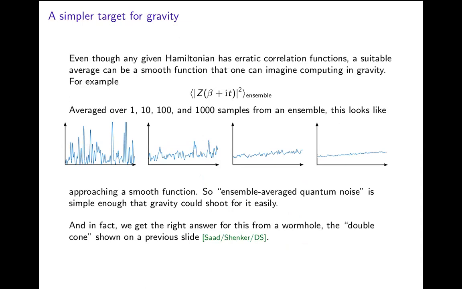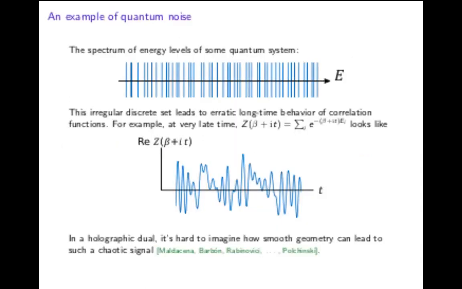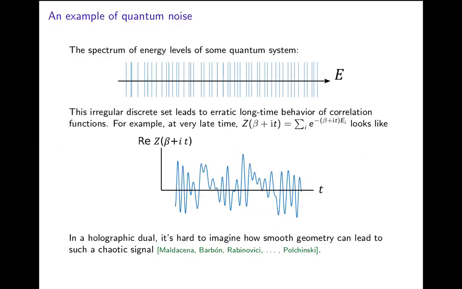Sorry, the time scale for these oscillations, is that set by e to the power minus the entropy? So the fastest time scale here is going to be the inverse of the width of the canonical ensemble. So it's like the fastest oscillations correspond to the largest differences in energies in the canonical ensemble.